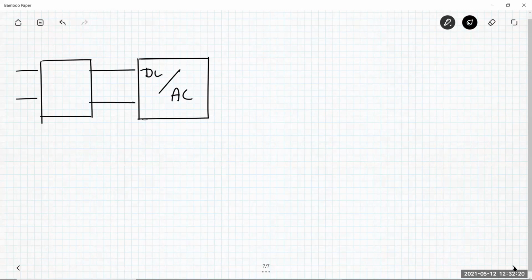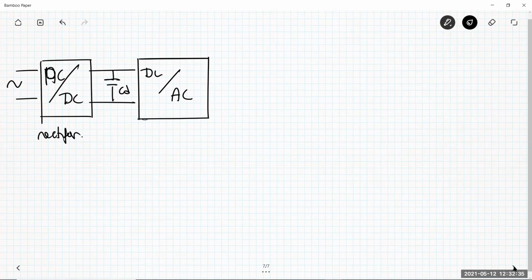Suppose that you have here an alternating source. You need an AC to DC converter, a rectifier, to obtain here across the DC capacitor a voltage VD, which is basically constant.